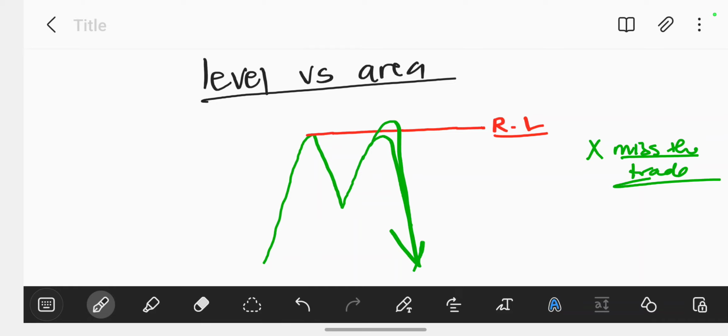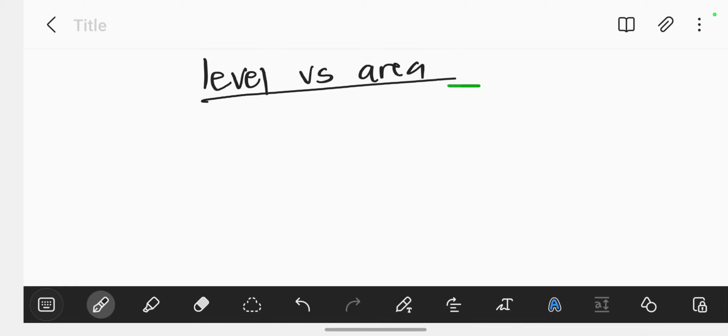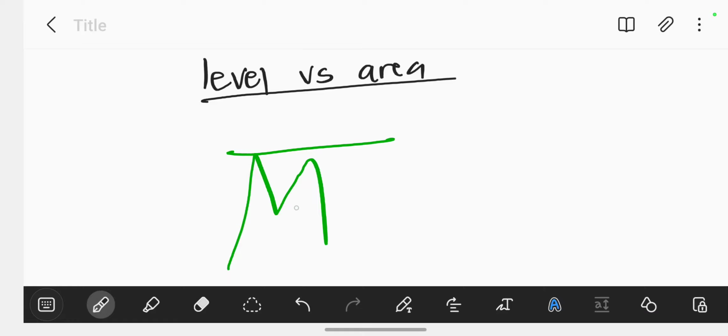How can I increase my chances and avoid this or this? You can't avoid it completely, Mara. You must always look to increase your chances. How can you increase your chances of not missing a trade that came here?